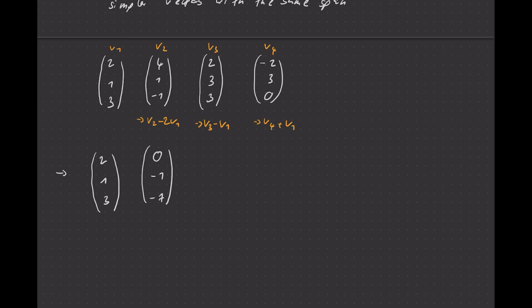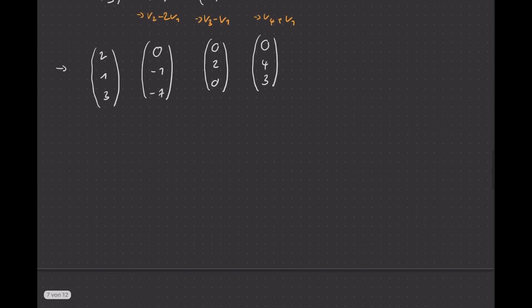For the third vector, we obtain 0, 2, 0. So we even get 2 more zeros by chance, but not bad. And for the fourth vector, we get 0, 4, and 3. So in this case, we don't obtain more zeros. We just kind of simplify that because the zeros are now all in the same row.